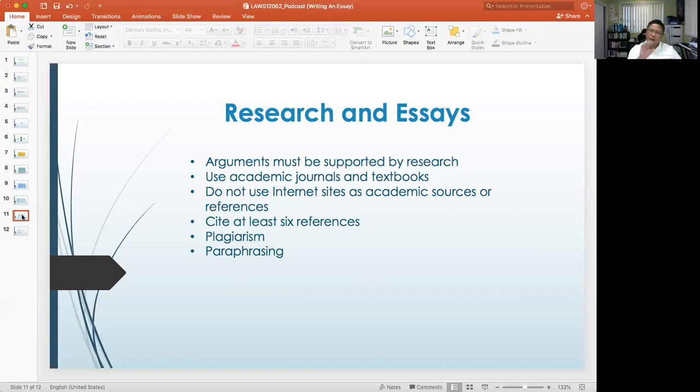In general, therefore, the advantage of using academic journals and textbooks is that they are written by experts. And not only are they written by experts, they usually go through what is known as a peer review process. So usually, and not always, but in general, if you talk about manuscripts published in academic journals, before that particular manuscript or journal article ever gets published, it is reviewed by peers, by experts as well, before it gets accepted.